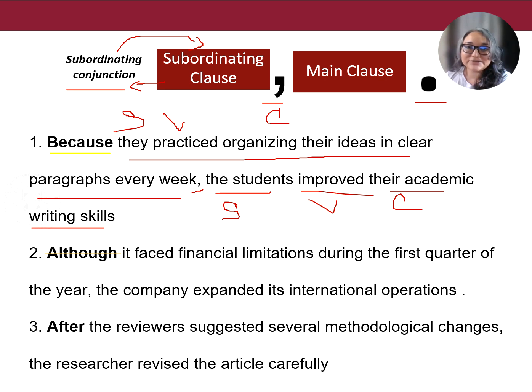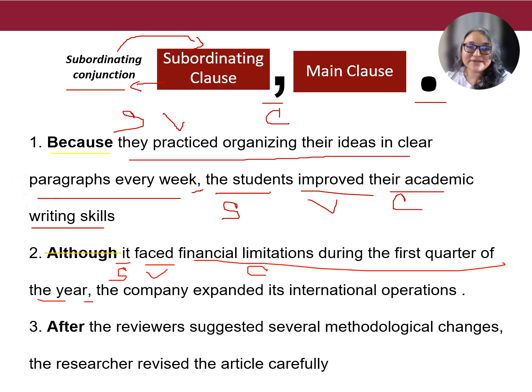It is the sentence right after the conjunction. It faced financial limitation during the first quarter of the year. That is my subordinating clause. What is the subject? The subject is it. Faced is my verb. And then we have a complement for that sentence.